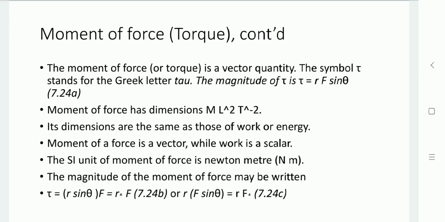The magnitude of the torque or moment of force tau equals r sine theta into F, that is r perpendicular component into F, or r into F sine theta, that is r into the perpendicular component of F. So r sine theta means the perpendicular distance of the line of action of F from the origin.